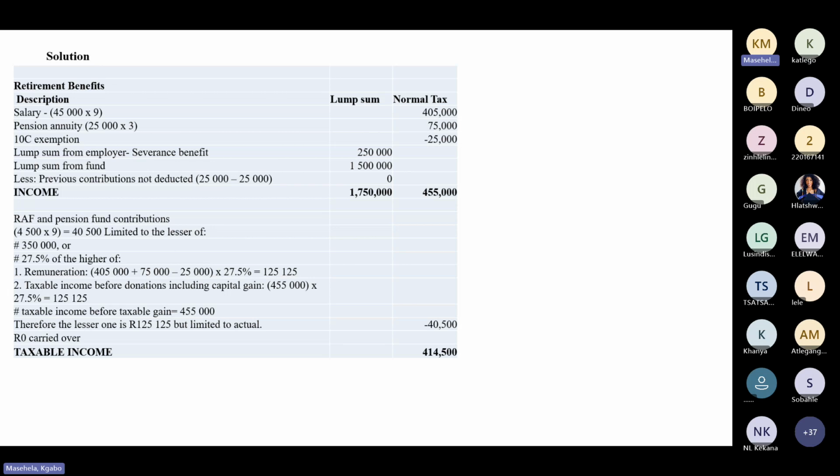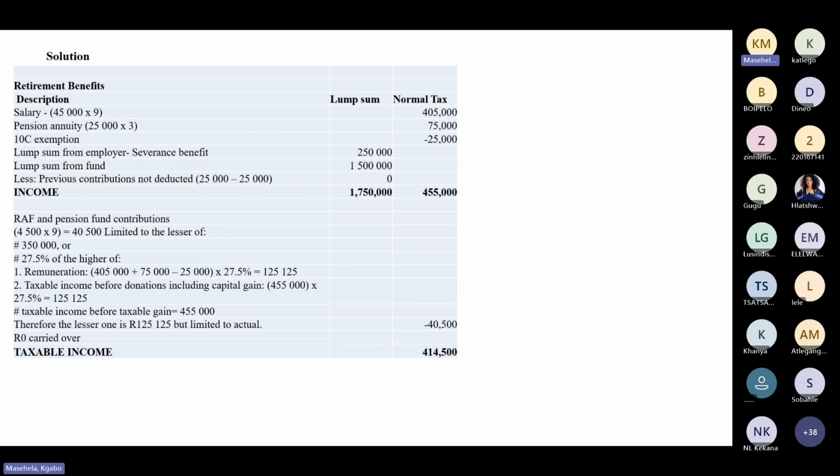They are telling you, for you to calculate section 11F, what you need to take into account. The contribution, however, must be limited to the lesser of the following. They give you guidance, because if the contribution is more than these calculations, then you need to ignore the contribution and take whichever is the lesser between the remuneration and the taxable income before donations.